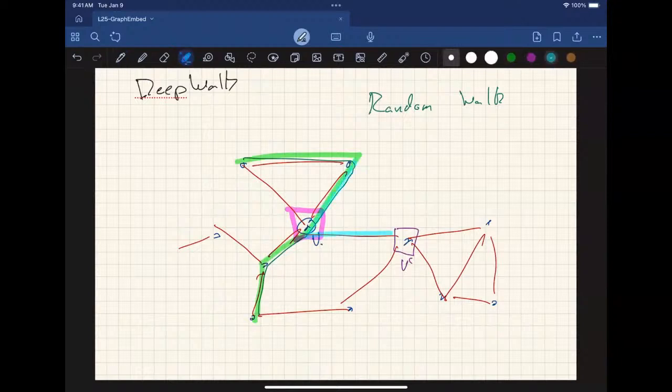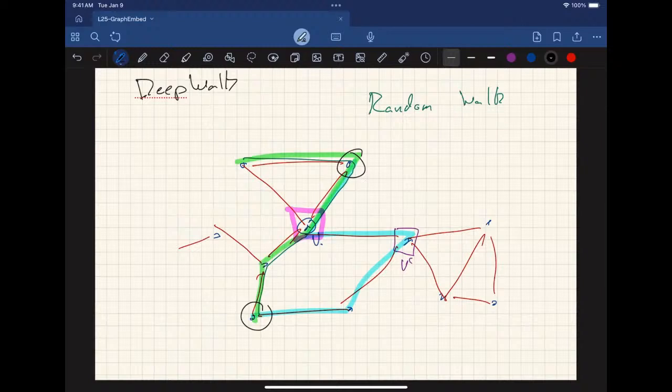The random walks might overlap, so I get some overlap here and here, where both of these graphs have the same node in the context. So V and V prime should be embedded similarly.